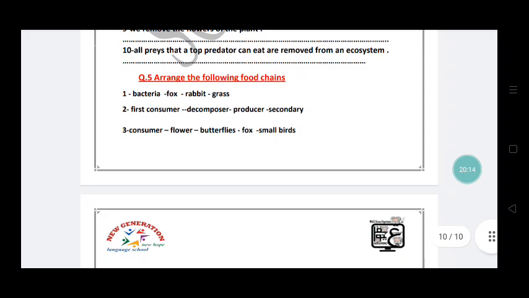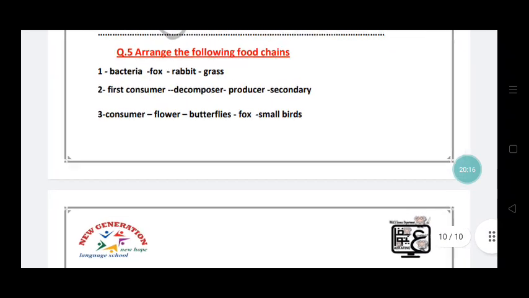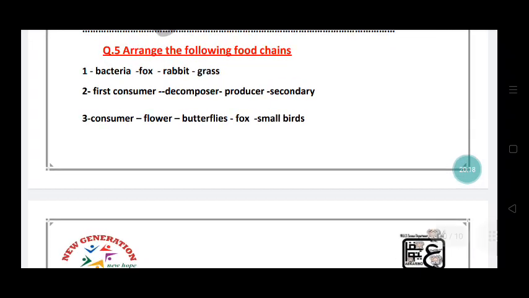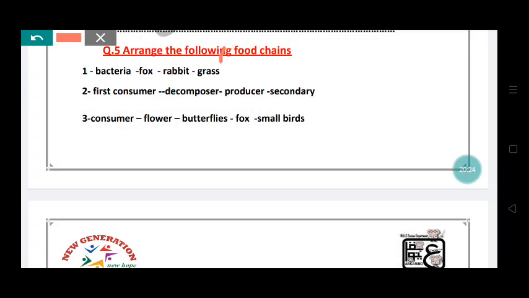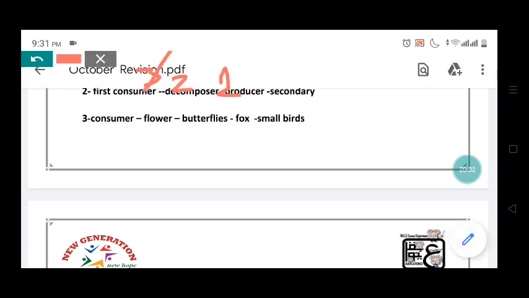Okay. Arrange: bacteria, fox, rabbit, grass. Number 1, grass. Excellent. Number 2, rabbit. Number 3, fox. And number 4, bacteria.